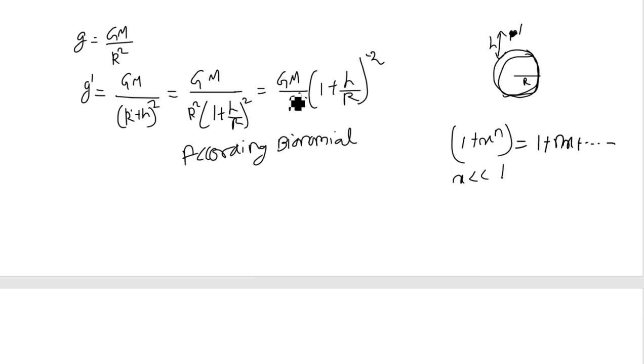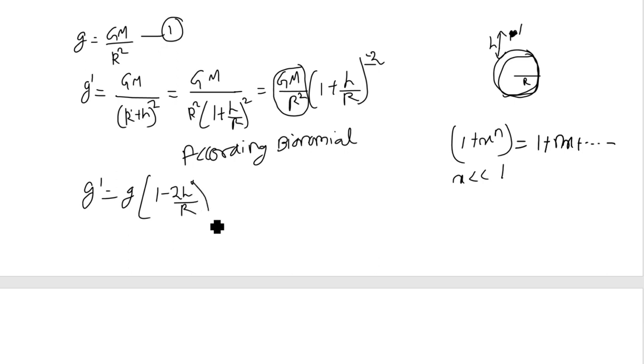The value of this part I will put as small g, which I have written in equation 1. So g dash becomes g into (1 minus 2h by r), as this is minus 2. So this is our answer.